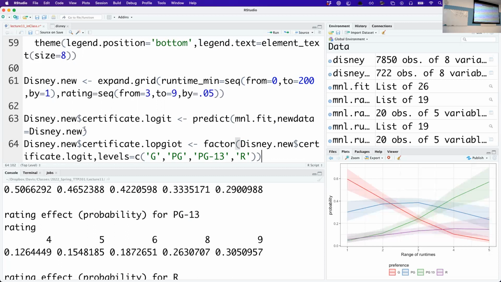Okay, so here, all I'm doing is taking my expanded grid, which gives me all the different combinations of runtime and rating values that I want to look at. And I'm feeding it into our predict function for the model that we had fit for the multinomial logistic. Okay, and then, typo.